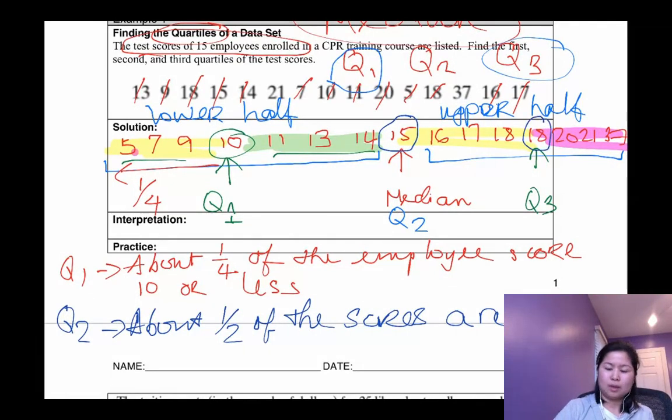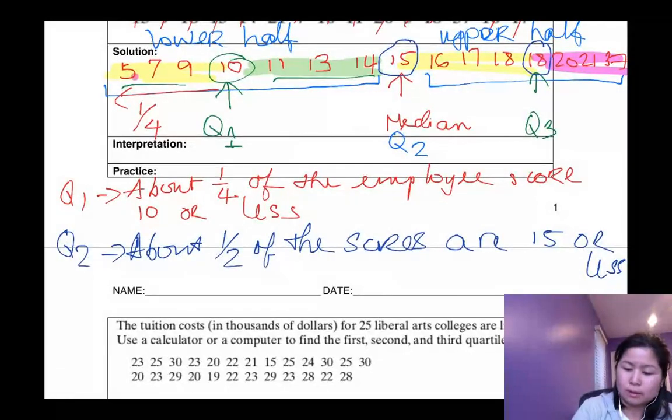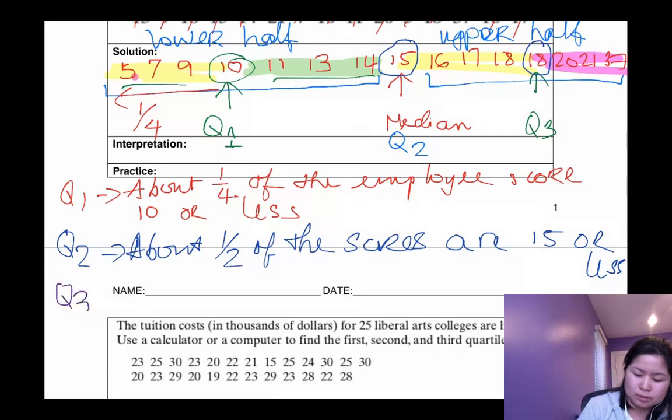All right. Can someone guess what I would say for Q3? What is the quarter? What is the number, the fraction that I'm going to use for Q3? We know Q3 is 18. So we have 1/4, 1/2. What should be the values for the next one?